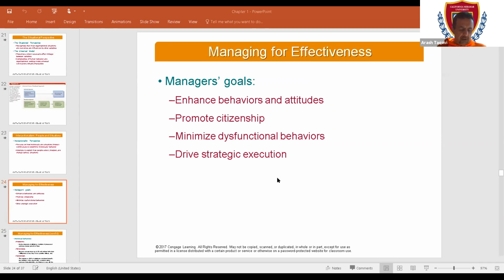And managing for effectiveness. What is the meaning of effectiveness? How do you think about the meaning of effectiveness? It works. Effectiveness works. For example, we say industrial effectiveness, organizational effectiveness, leadership effectiveness, marital effectiveness, economic effectiveness.